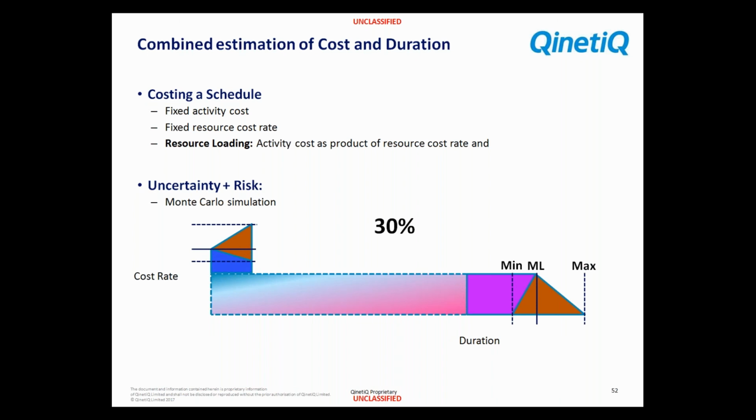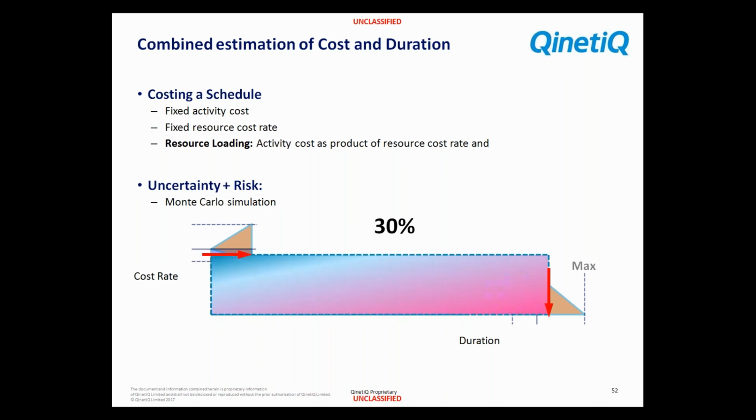Something has happened to our baseline project which is going to force us to spend more money, and it might take longer to actually complete that task. We can look at one simple iteration, again with the red arrows, and there we have the outcome, 30% chance, 3 out of 10, it's actually going to cost us a lot more than our baseline estimate.